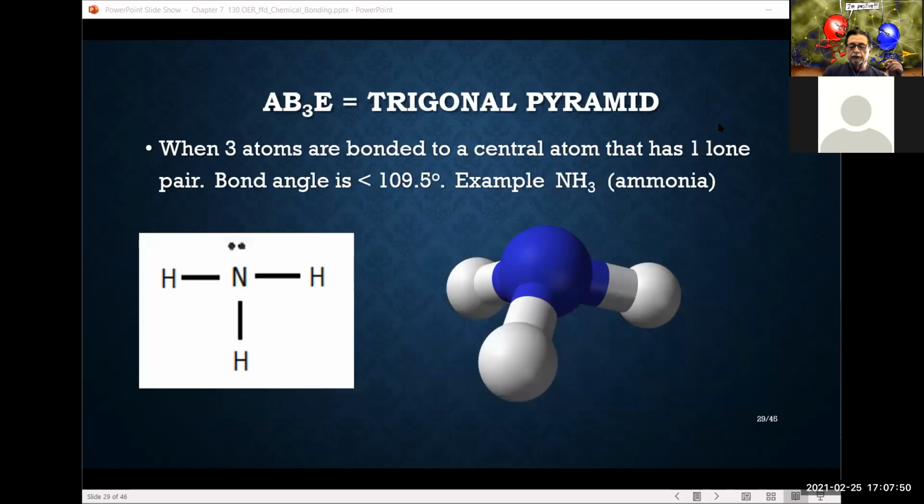All right, and then ammonia, a classic example of a trigonal pyramid, where we have a lone pair. After we add up all the valence electrons, we end up with a lone pair on the central atom. Whenever you end up with a lone pair on the central atom, just by default, you have what is called a polar molecule.